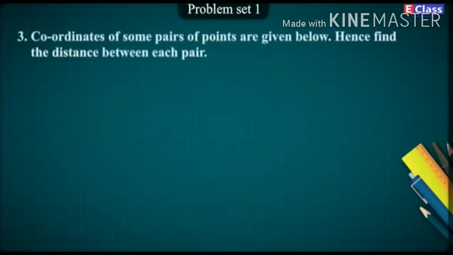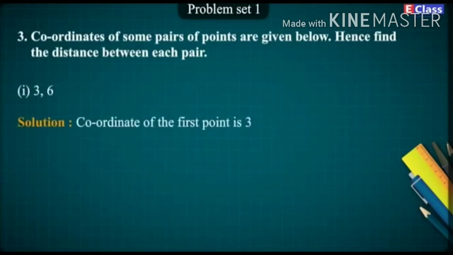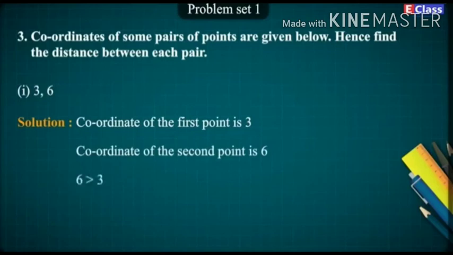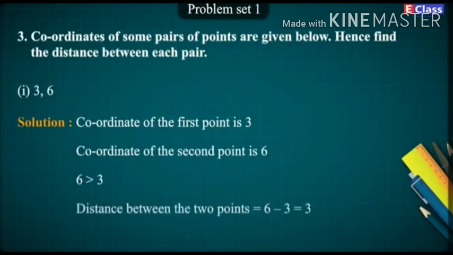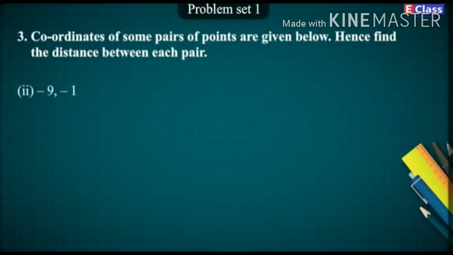3. Coordinates of some pairs of points are given below. Hence, find the distance between each pair. 1. 3, 6. Solution. Coordinate of the first point is 3. Coordinate of the second point is 6. 6 is greater than 3. Distance between the 2 points is 6 - 3 = 3. 2. -9, -1.